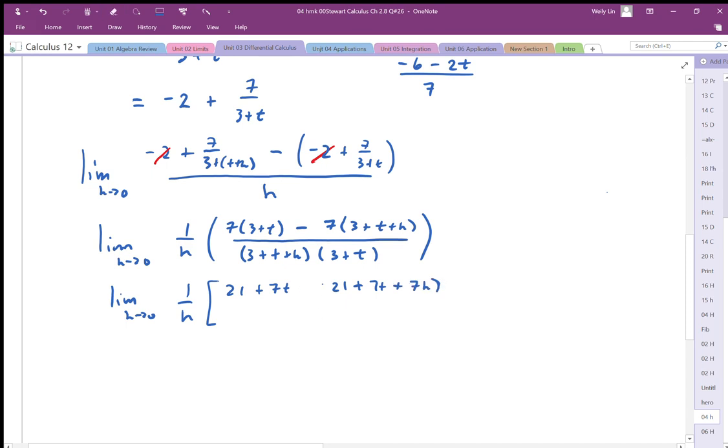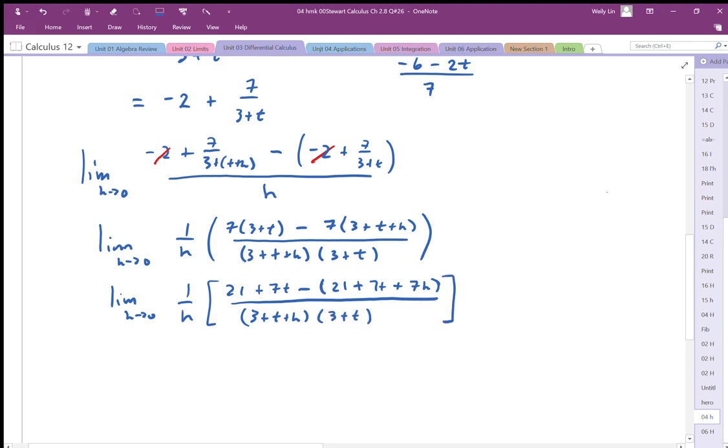I'm just going to leave it in bracket form, so we know what we can cancel out here. And again, that's all over the common denominator of 3 plus t plus h times 3 plus t.